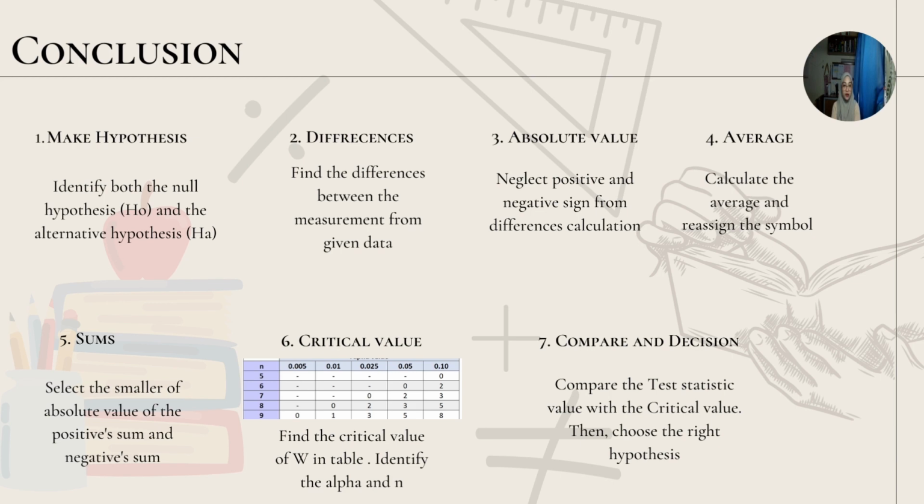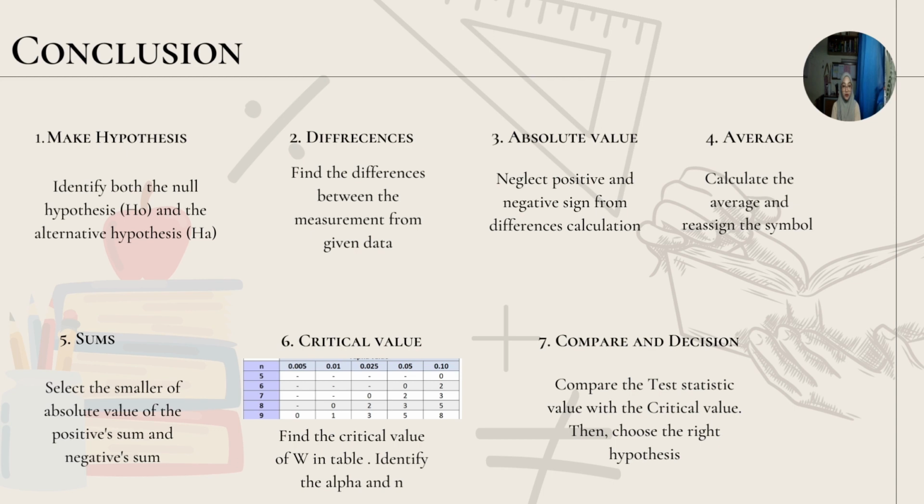Then, we find the absolute values by neglecting the positive and negative signs from the difference calculation. So we can find the average ranks and assign the signs. Next, we sum and select the smaller of the absolute values of the positive and negative sums.